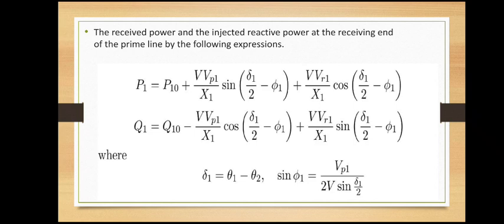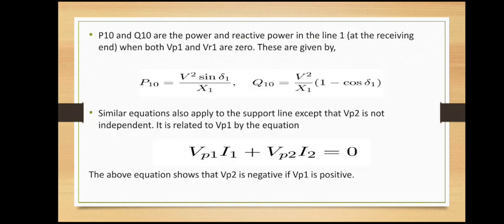P10 and Q10 are the power and reactive power in line 1 when both Vp1 and VR1 are 0. When both Vp1 and VR1 are 0, the equations are given as P1 naught and Q1 naught as shown in the equation.